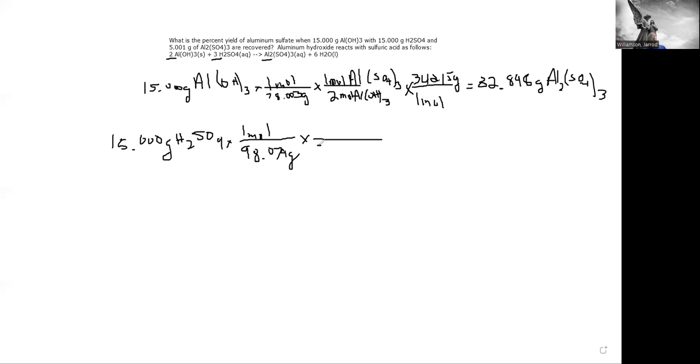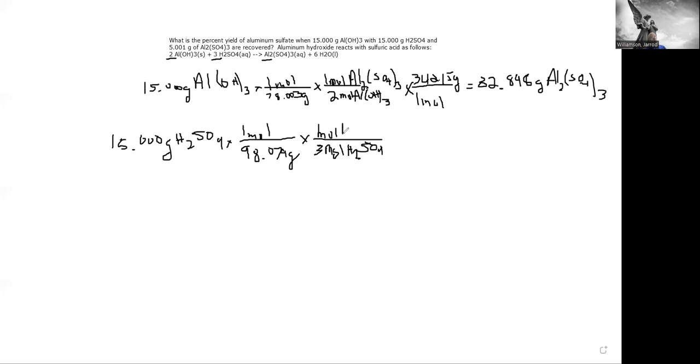So for every 3 moles, pardon my penmanship, but hey, I'm solving problems for you guys. 3 moles of sulfuric acid to 1 mole of, that's supposed to be Al2. I forgot my 2 right there.